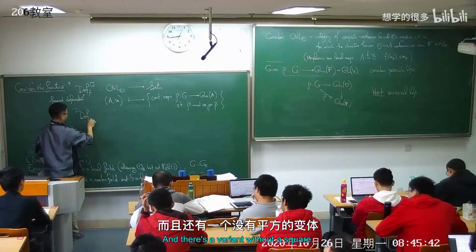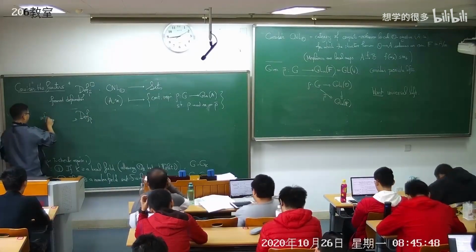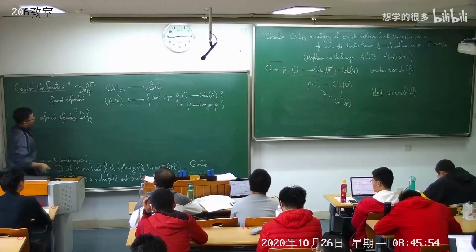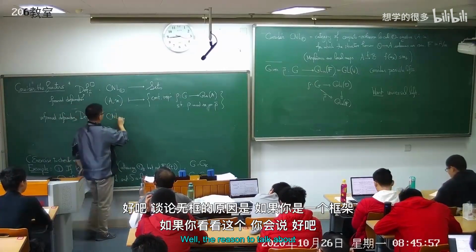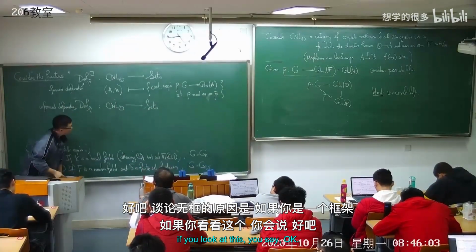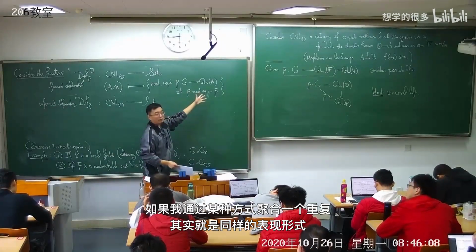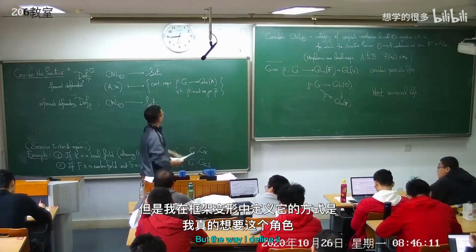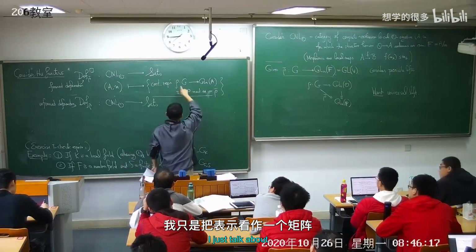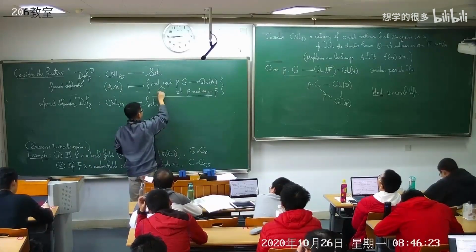And there's a variant without the square. Usually we call it unframed. The reason to talk about unframed deformation is that if I have a representation and I conjugate it by something, it's really sort of the same representation. But the way I define it in the framed deformation, I just talk about representations as matrices, maybe I should say continuous matrix representations.